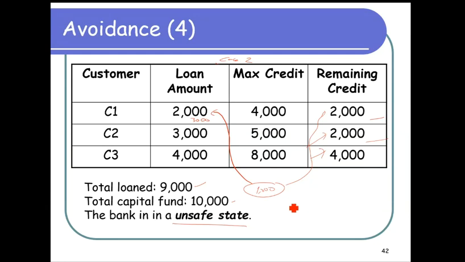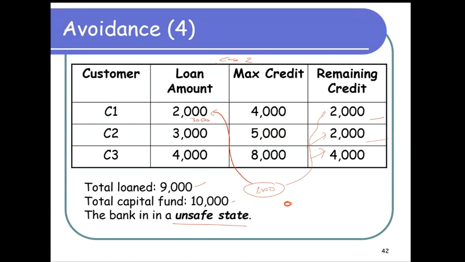Now the bank only has 0, which is very bad management. The bank should not have 0 in its account, but this is just an example to show you. It will be a deadlock. The bank cannot give a loan to anyone.